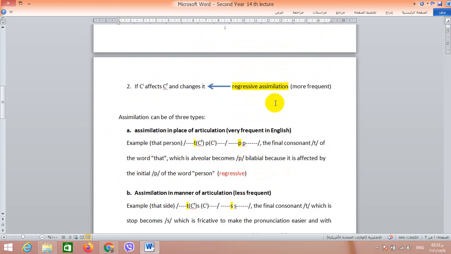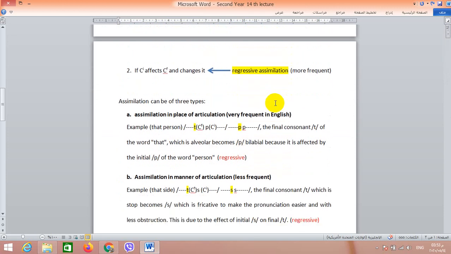The other type of effect is called regressive assimilation, and you can see in the arrow that the effect is backward, which means that the initial consonant of the second word will cause the final consonant of the first word to change. So which one is going to change?